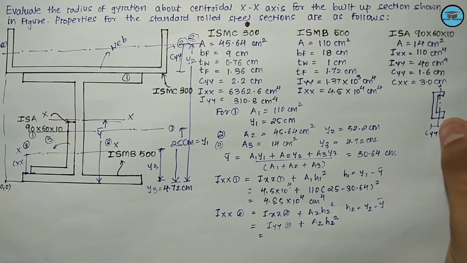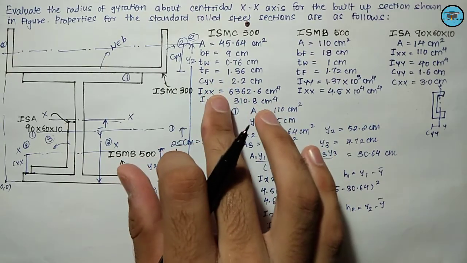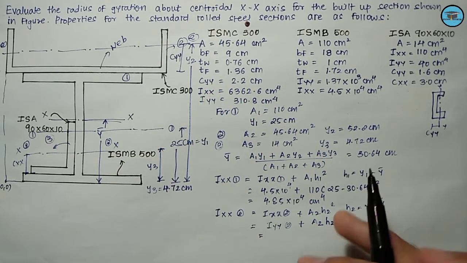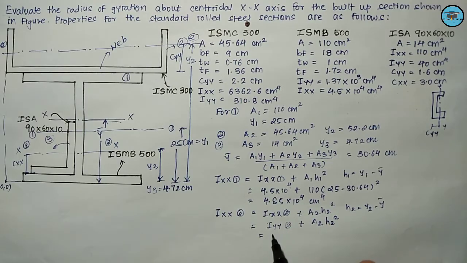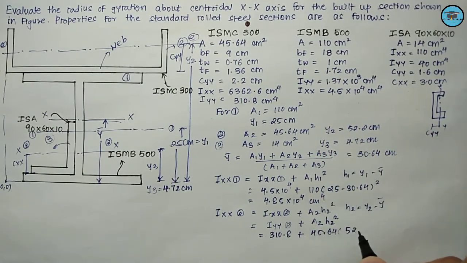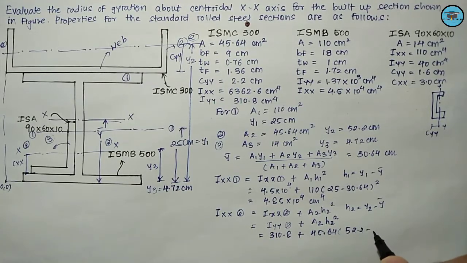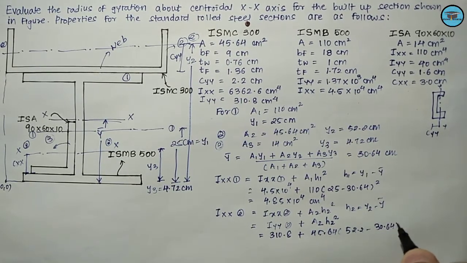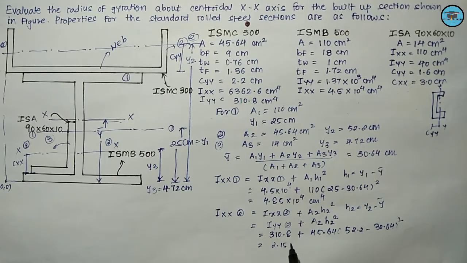So we need to take the moment of inertia about this y axis only, and not about the x axis. This thing we need to remember. So Iyy2 is nothing but 310.8 centimeter raised to 4 plus a2, that is 45.64 into y2 minus y bar whole square, and the value of y2 is 52.2. So 52.2 minus y bar, that is 30.64, whole square. So we will be getting the value of Ixx2 as somewhat 2.15 into 10 raised to 4 centimeter raised to 4.